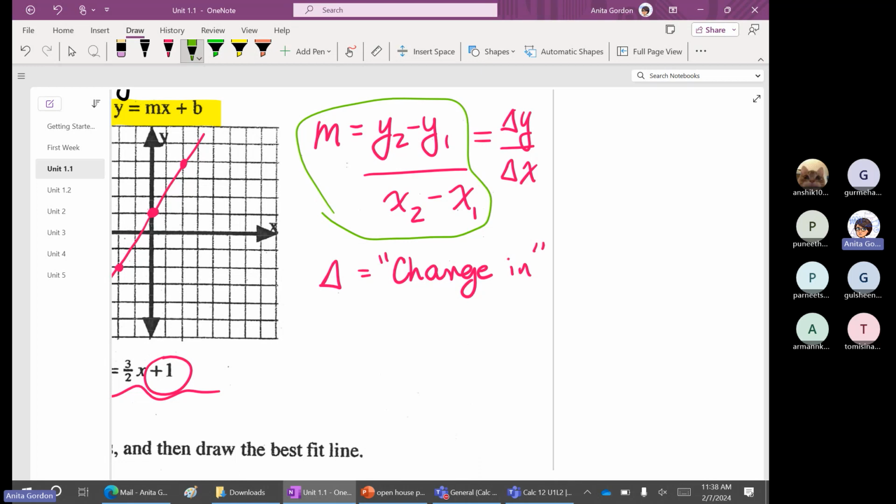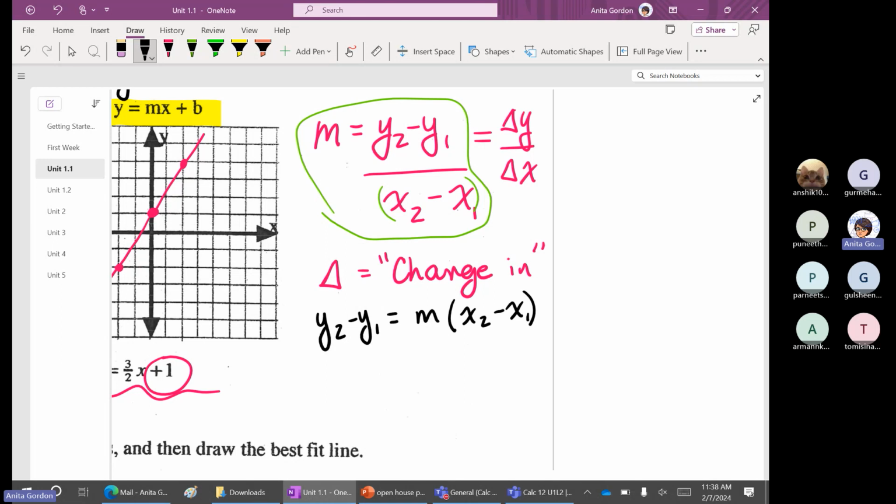How would I rearrange it? What do I need to move and how would I do it to get the y's by themselves? Yes, multiply the delta x, or the bottom piece, to m, so put it to the other side. This will bring the equation to look like this. That is, yeah, slope point form, exactly.